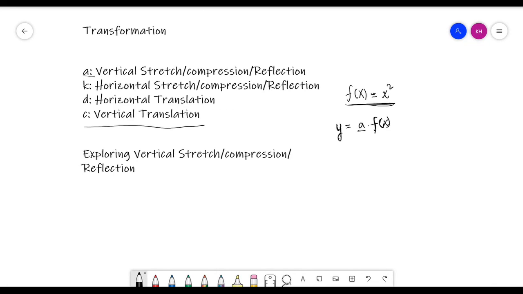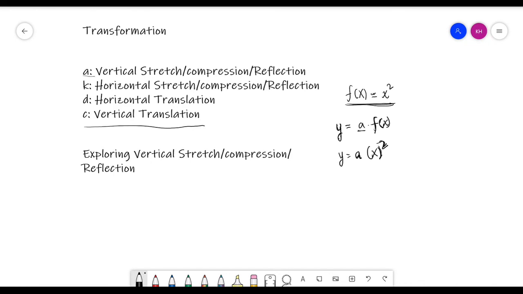So I'll give you a few examples of how it looks for different kinds of functions. Let's take a quadratic function. The transformation A would look something like this: y equals A x squared.